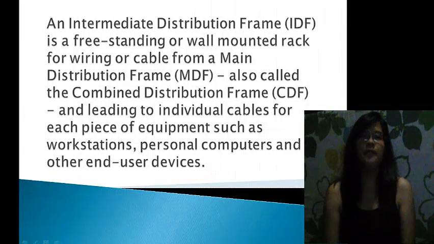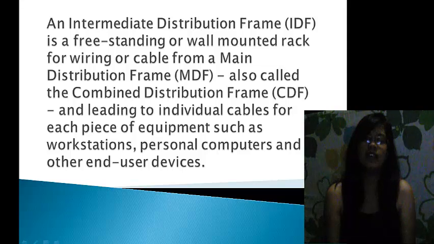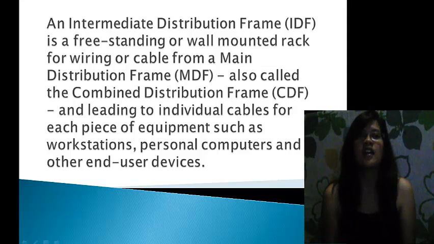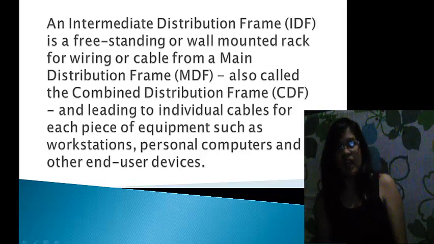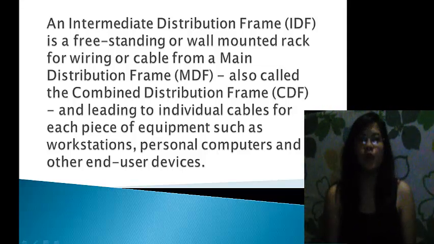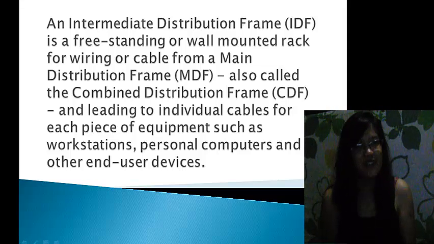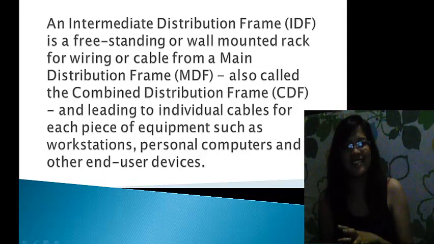Aside from bounded and unbounded media, we have related topics regarding transmission media and communication cable. One of them is the intermediate distribution frame, or the IDF. IDF is a freestanding or wall-mounted rack for wiring or cable from a main distribution frame, or MDF. It interconnects and manages the telecommunications wiring between an MDF and workstation devices.